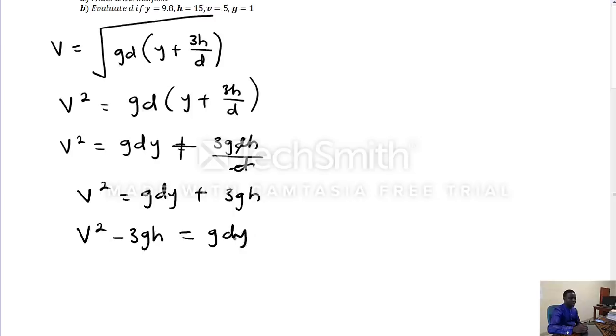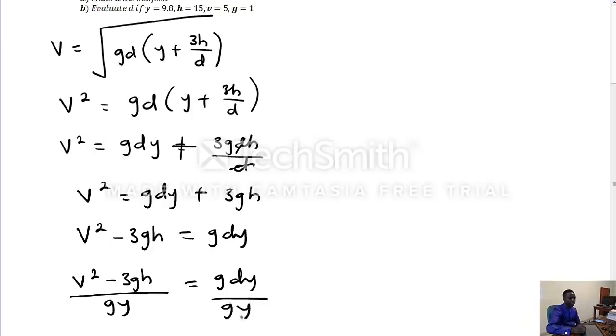But I want to make D the subject of the formula, so I'm going to divide both sides by GY. This will be V squared minus 3GH divided by GY is equal to GDY divided by GY.